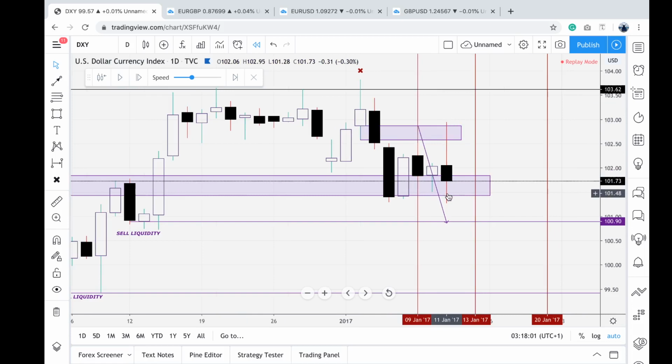Okay, so that would have been a trade for that day, because what the market would have done would be open, trade higher into our level, and then drop down. So we're actually very, very precise on the DXY. And our target for the week on DXY is 100.90. That is our target for the week on DXY on a sell side basis.